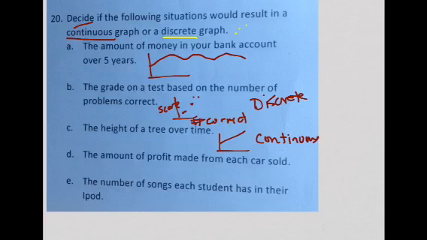The amount of profit made from each car sold. Okay, so this would be discrete, different from the bank account, because if you sell one car, you get this much profit. If you sell 2 cars, you get this much profit. So this would be like for 1 car, for 2 cars, for 3 cars, etc. So the graph is discrete.